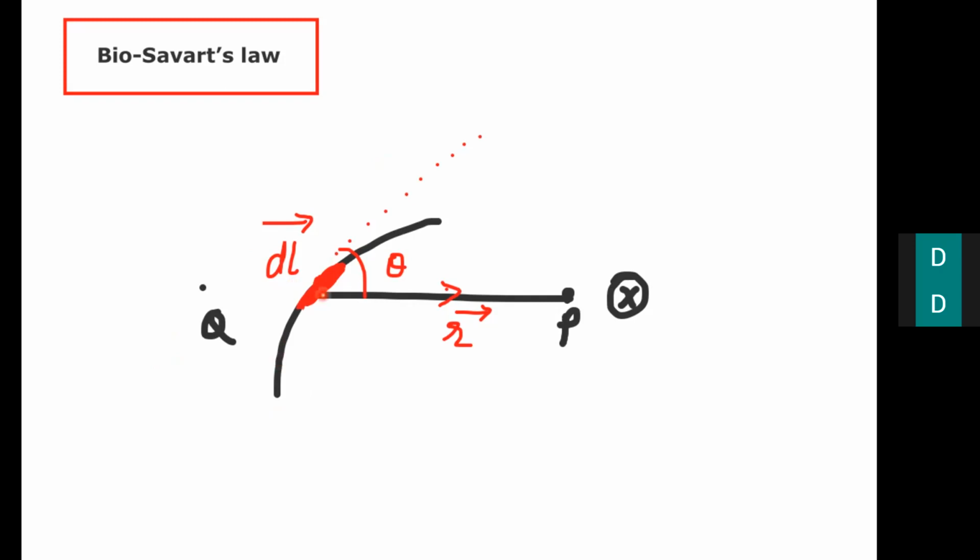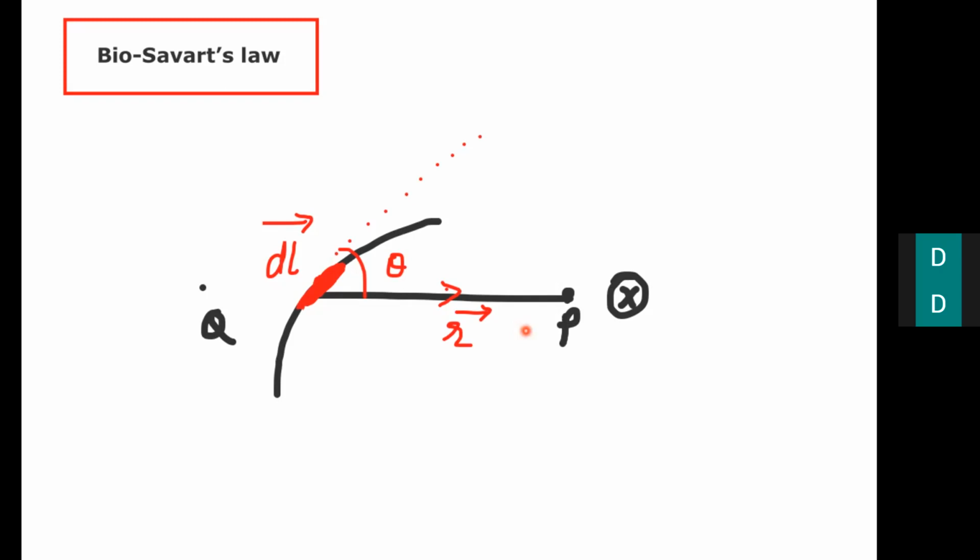Say for example, this is the wire which is carrying the current, its current element's length is dL, and there is a point P. And from this current element to this point P, there's some distance, and that distance can be denoted by r.